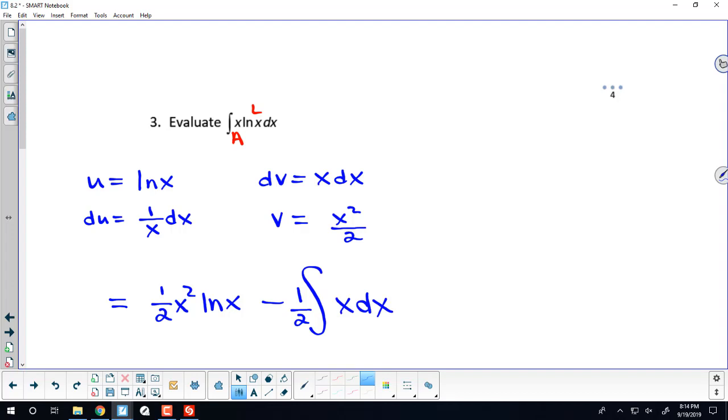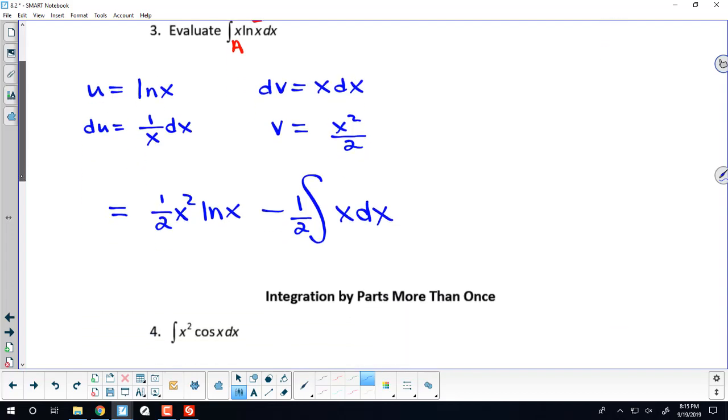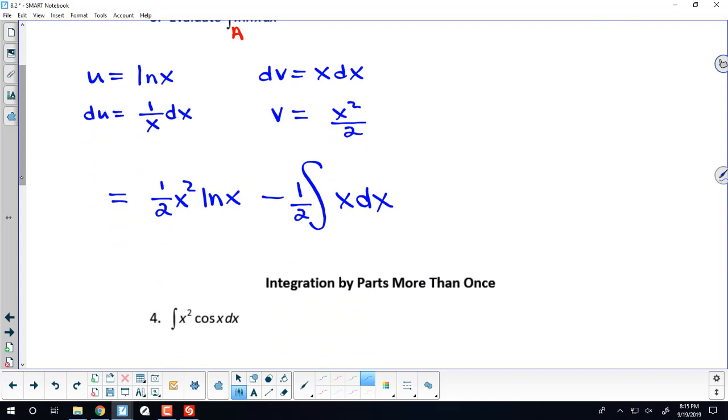Clearly, the new antiderivative is easier than what we started with, so this is probably going to work out. So we've got 1/2 x squared ln x minus the antiderivative, x squared over 2 times the 1/2, plus our constant.